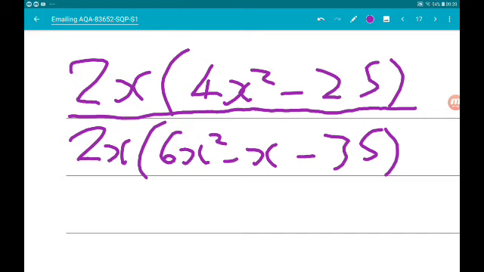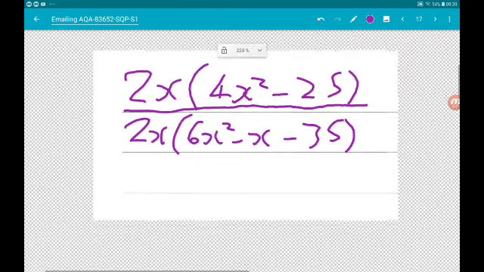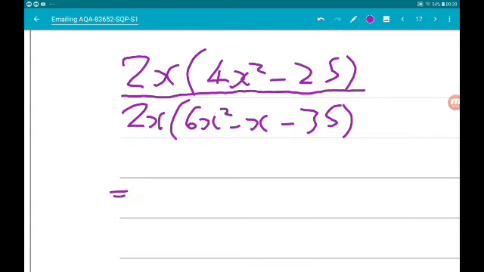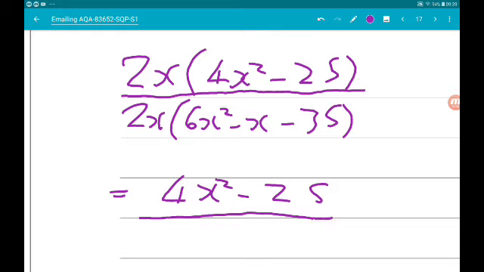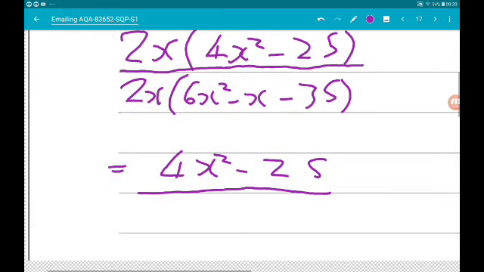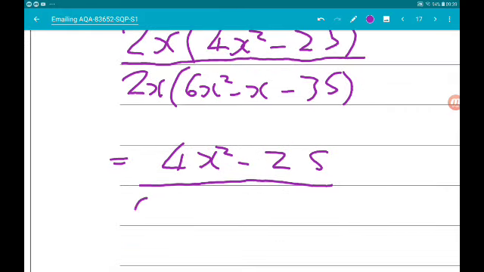So they cancel with each other. So we're left with 4x squared minus 25 over 6x squared minus x minus 35. So now we got 2 quadratics on the top and bottom.